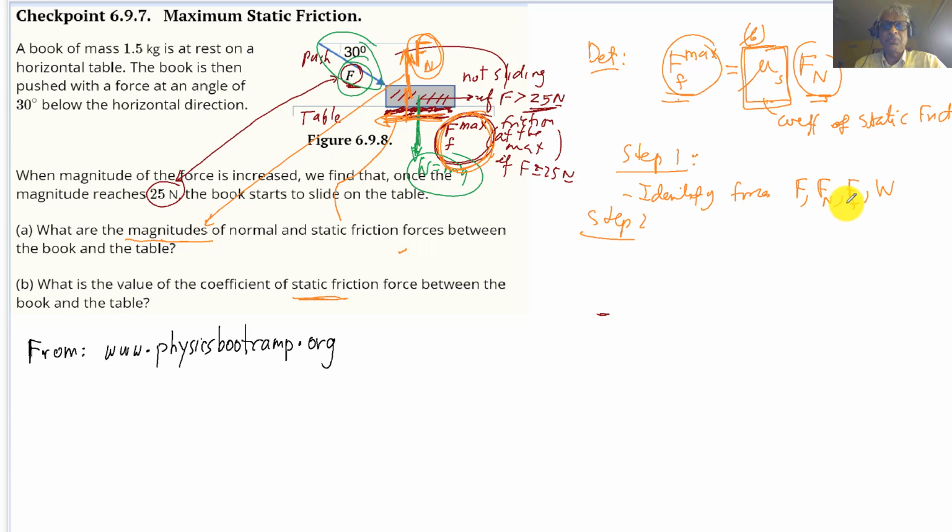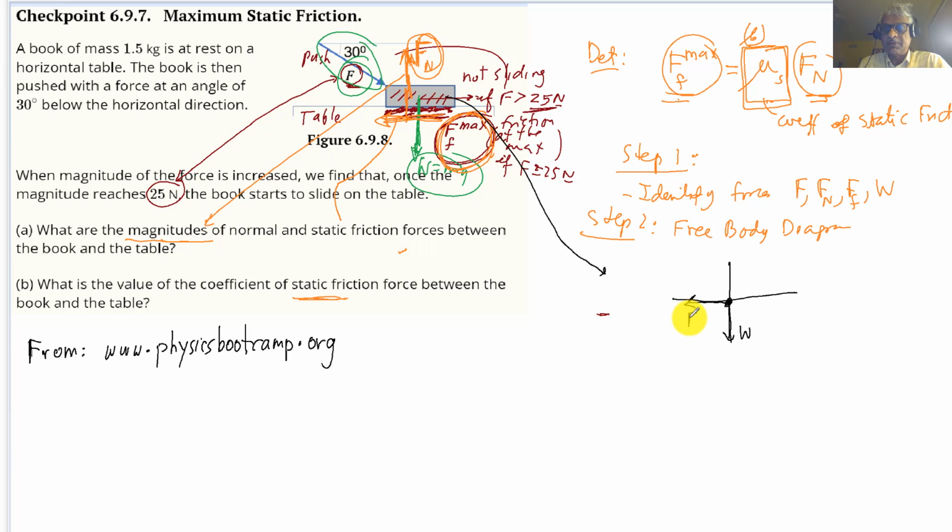So we have 4 forces acting in different directions. Step 2 is to draw a simple free body diagram. What is that? It makes this picture a little simpler. It will just have forces, and all the forces will be coming out from the same point.